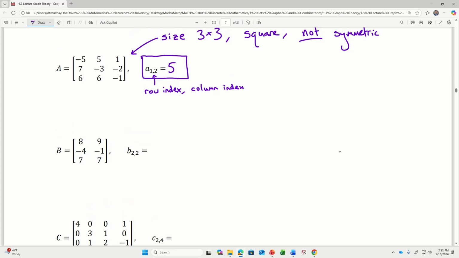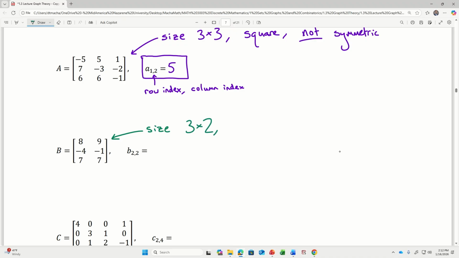What about the next one, matrix B? This has a size, Dario, what's the size of matrix B? 9. Maddie, what's the size of matrix B? 3 by 2, you got it. 3 by 2, 3 rows and 2 columns.